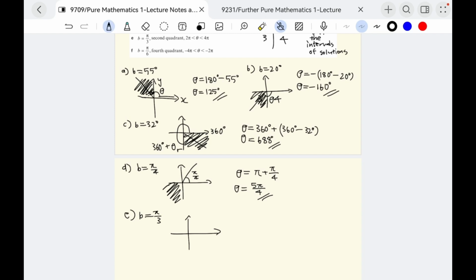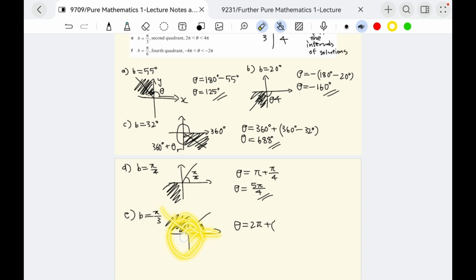A complete cycle is 2 pi, which is 360 degrees. So theta equals 2 pi first, then add pi, because this angle is subtended from the positive x-axis, goes a complete cycle, then stops in the second quadrant.